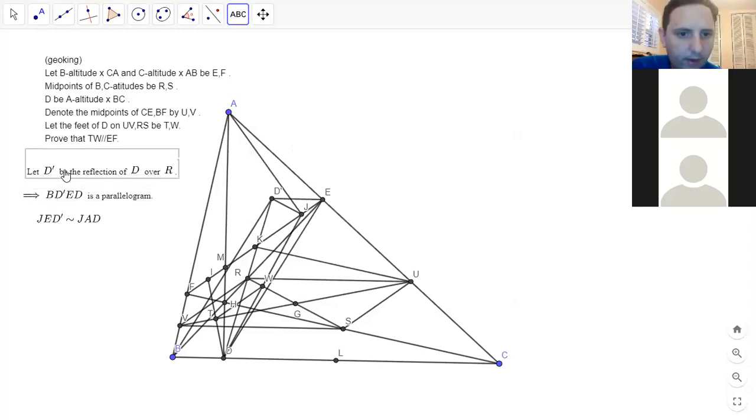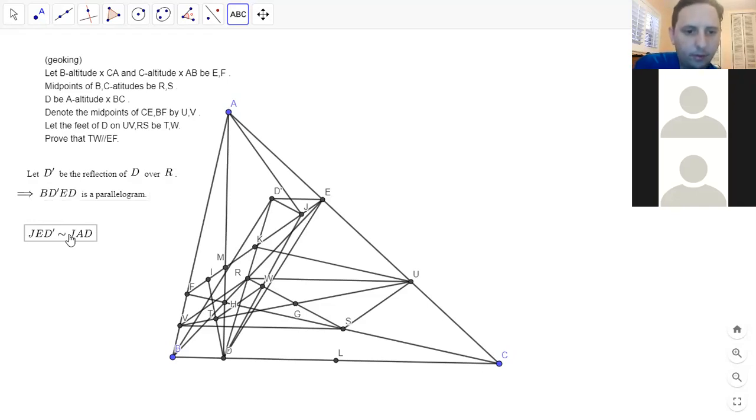And then we can calculate angle DE'J is equal to DE'M, which, okay, so we want to show DE'J equals JAD, and that's kind of just an angle chase because, yeah.